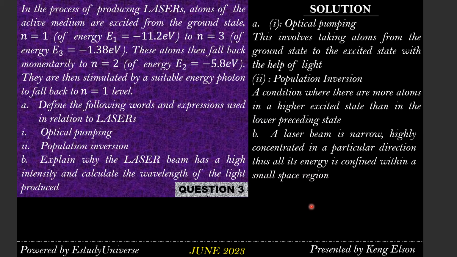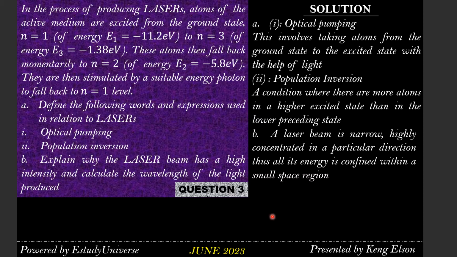Now, how do we get the wavelength of the light produced? Let's get back to the question. It says these atoms then fall back momentarily to n equal to 2. They first moved from the ground state to an excited state, that is optical pumping. Then they fall back to n equal to 2, and they are stimulated by a suitable energy photon and fall back to the ground.